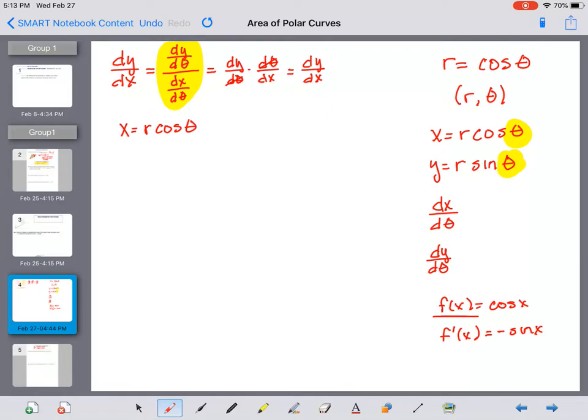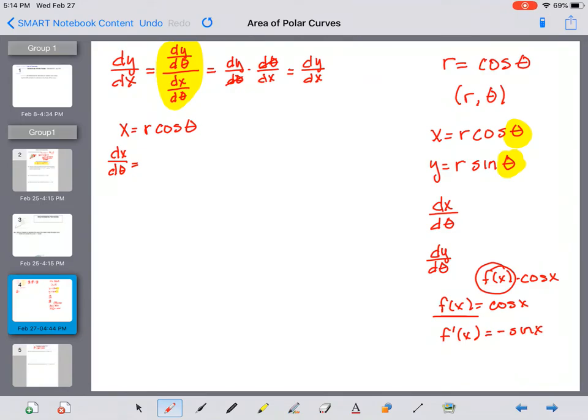If I take the derivative of this with respect to theta, I'm going to get something that looks like dx d theta, which is what I want. And then because both of these are functions, that's like saying f of x times cosine x. Well, times implies that we're going to use the product rule here. So that's exactly what we'd have to do to take the derivative of r cosine theta. Our product rule says take the derivative of the first. If I take the derivative of f of x, I get f prime. Same thing here.